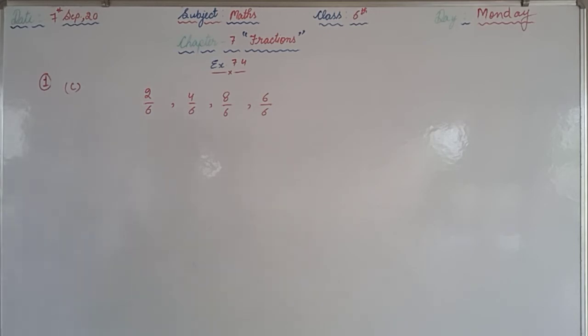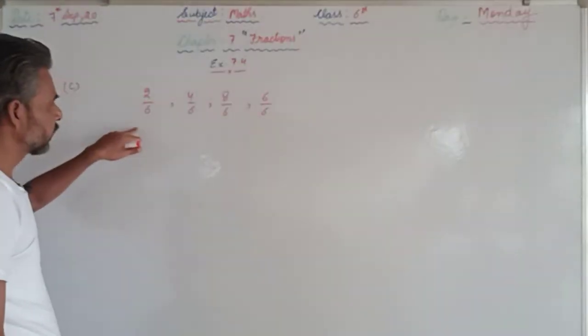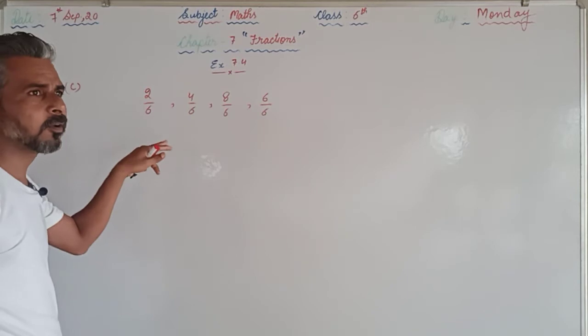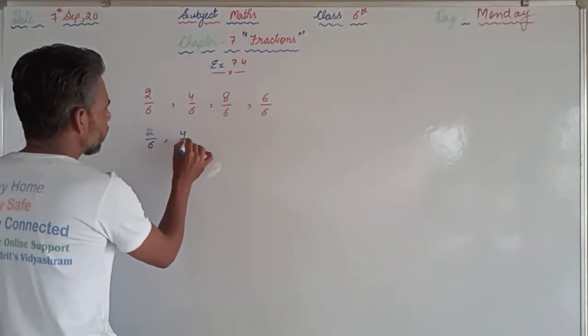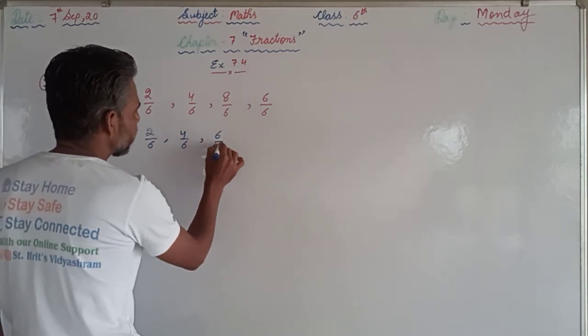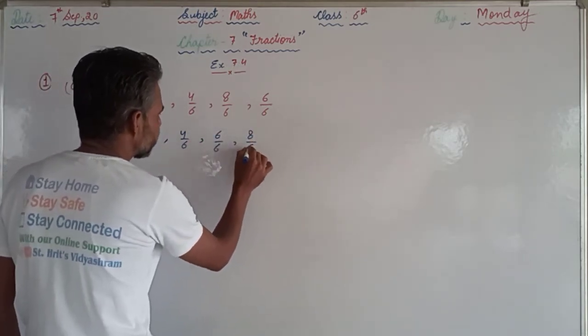So first of all we should see whether the fractions are proper or improper. So 2 upon 6, 4 upon 6, 6 upon 6, 8 upon 6.